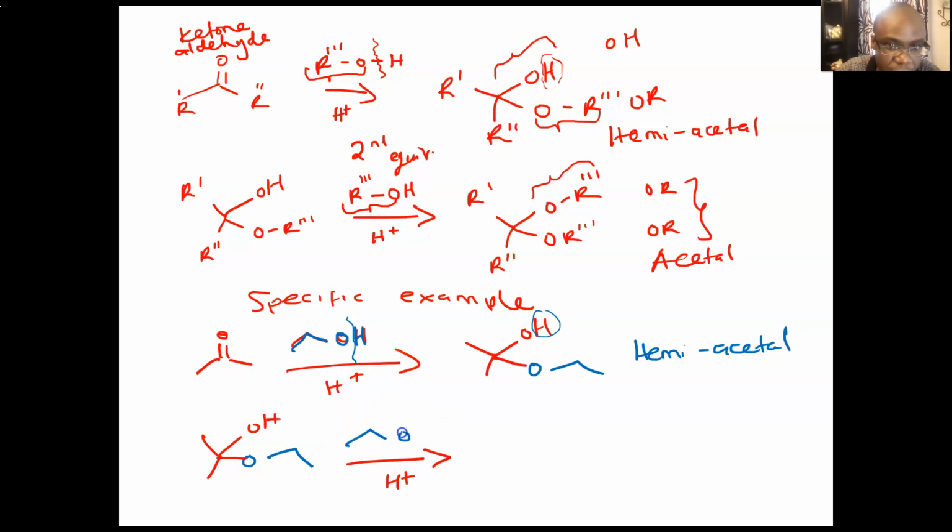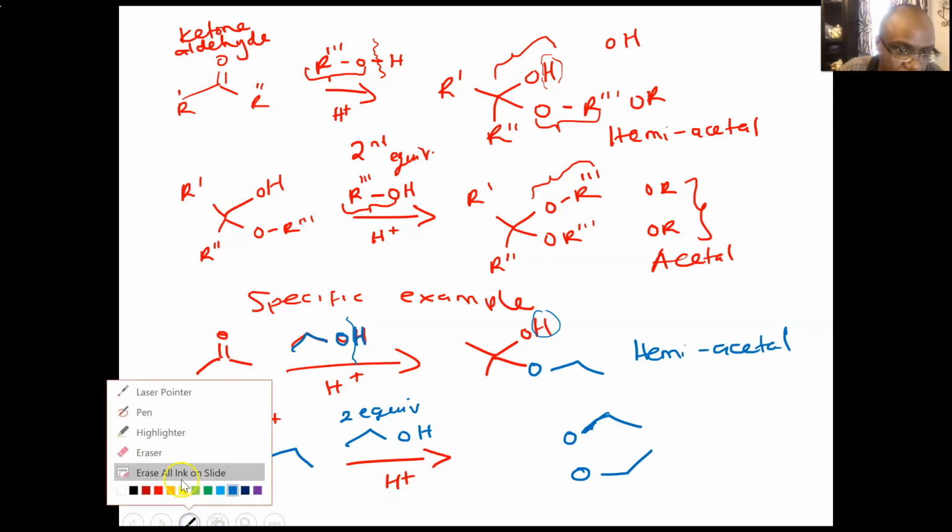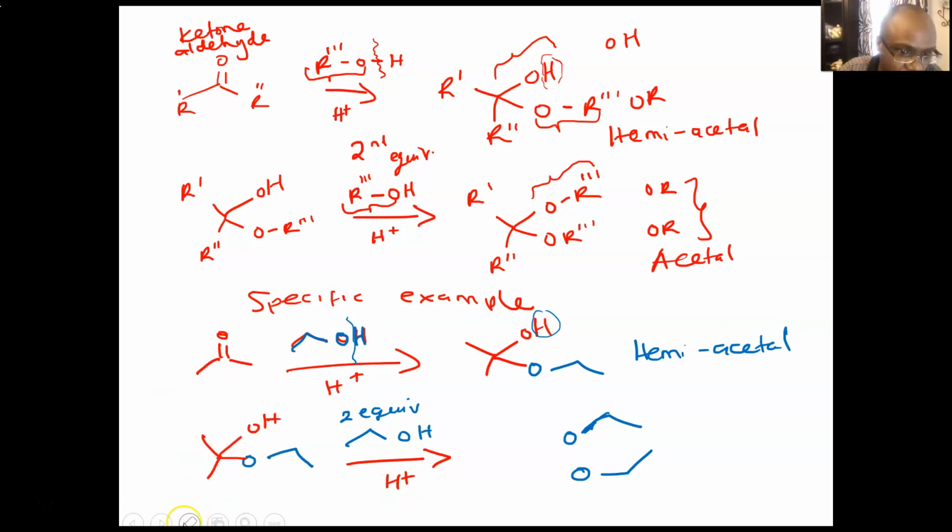So second equivalent, okay, the second molecule, second equivalent of the alcohol reacting. After following the mechanistic steps, you'll have the two CH2CH3s attached to the carbon of the carbonyl, and that's what we would call an acetal.